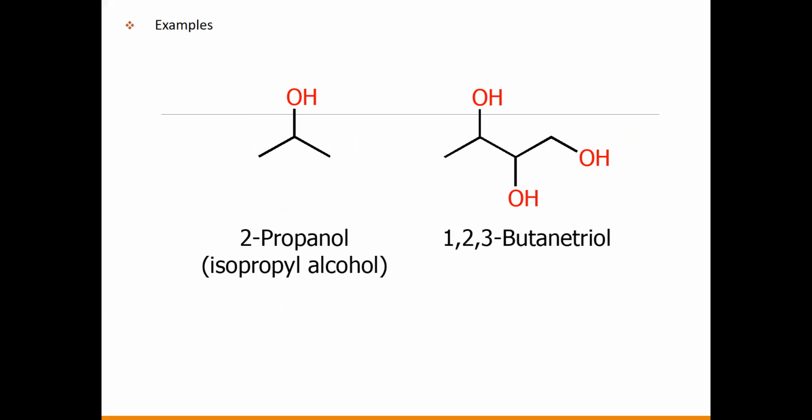And depending on whether we have 1, 2, or 3 OH groups on the longest continuous carbon chain, you have to indicate that, for example triol, and so on.